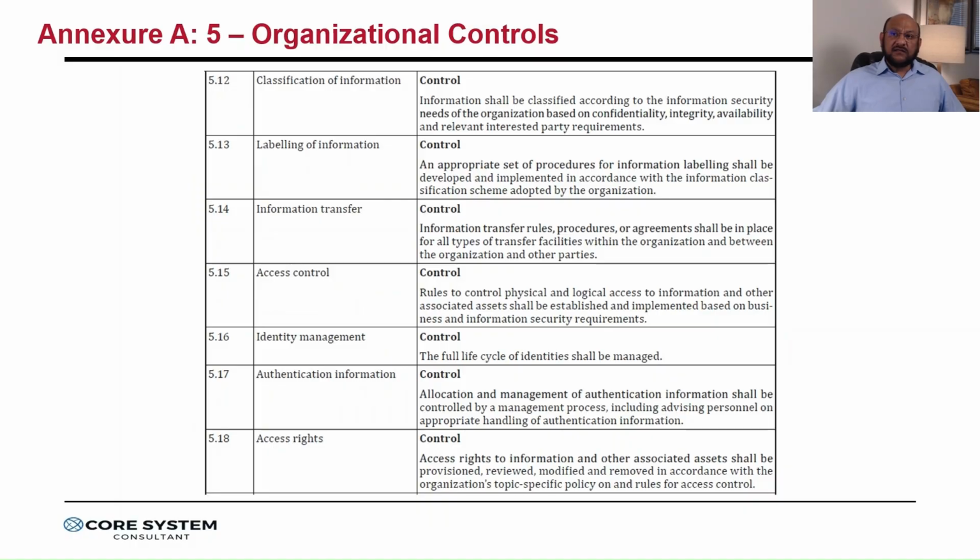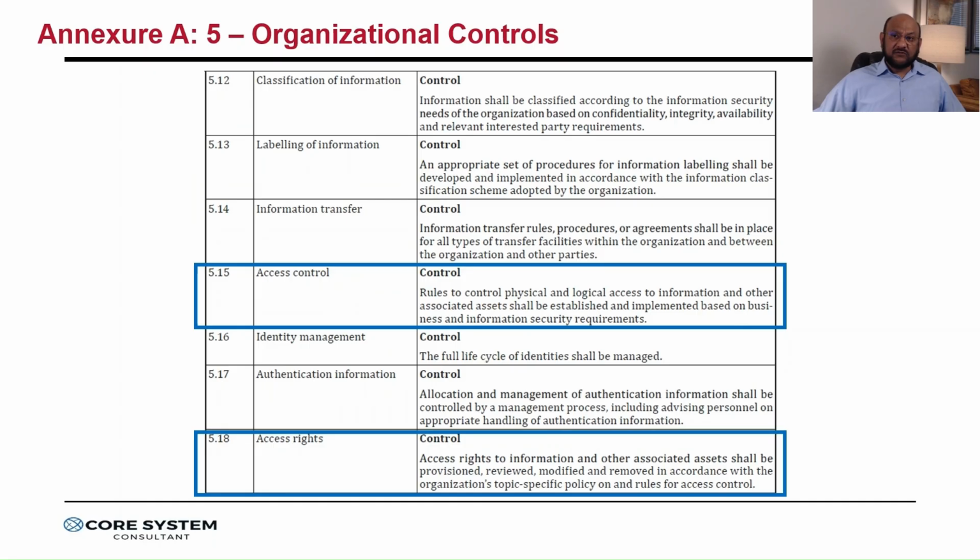Then the controls that you should be focusing upon, and these are foundational level controls: 5.15, which is access control, and 5.18, which is access rights, and both again go in tandem. And these controls make the basis of the whole information security management system. You need to define who will access what, both physically and logically.